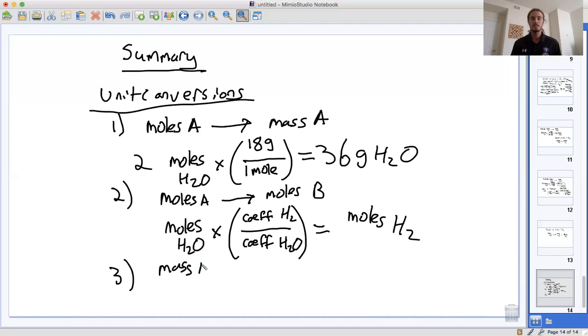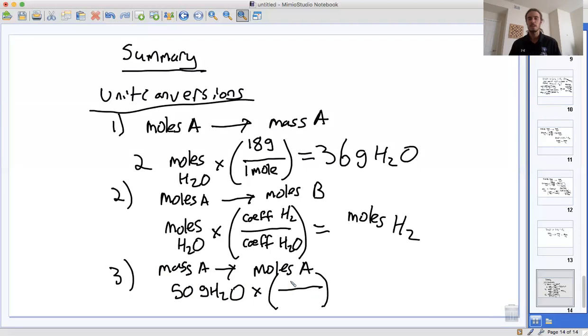Right? And then we looked at converting mass to moles. Right? So this is the opposite of the first unit conversion. You're going to take, let's say, 50 grams of water. You're going to multiply by a conversion factor.